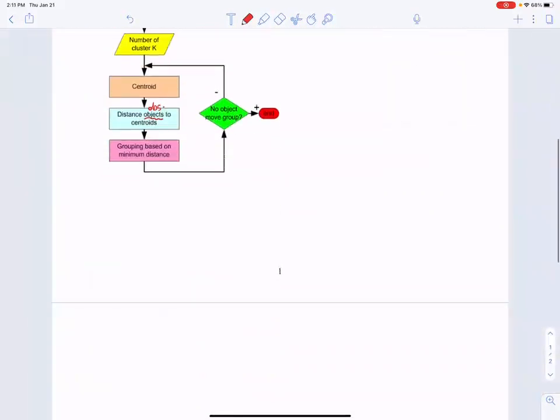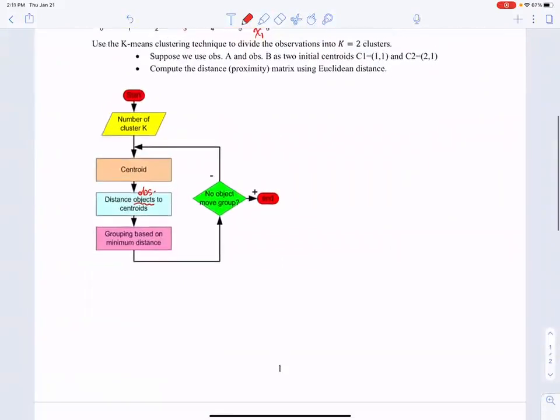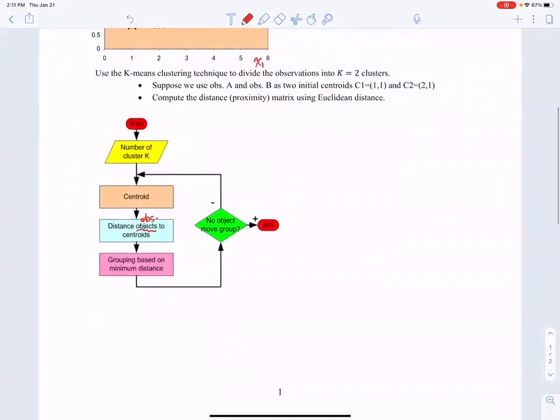We have items A, B, C, D. A is (1, 1), B is (2, 1), C is (4, 3), D is (5, 4). This is predictor 1, predictor 2. Now let's see center 1.